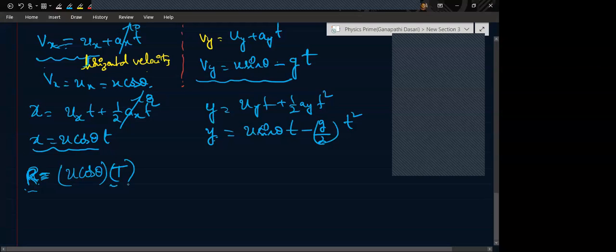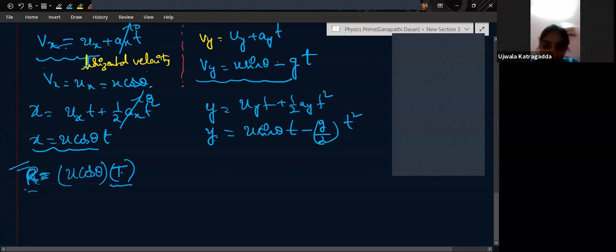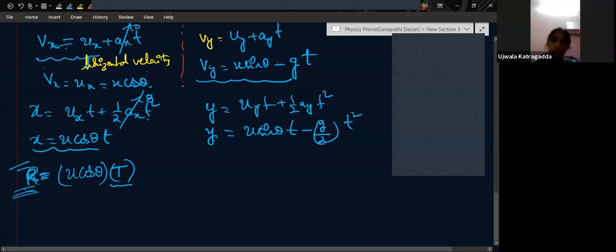If you know this total, can you know the horizontal range or not? Yes, sir. If you come to know the entire time of flight, and multiply the time of flight with horizontal velocity, you will get the horizontal range, or not? Yes, sir. Like that, u cos theta into t.